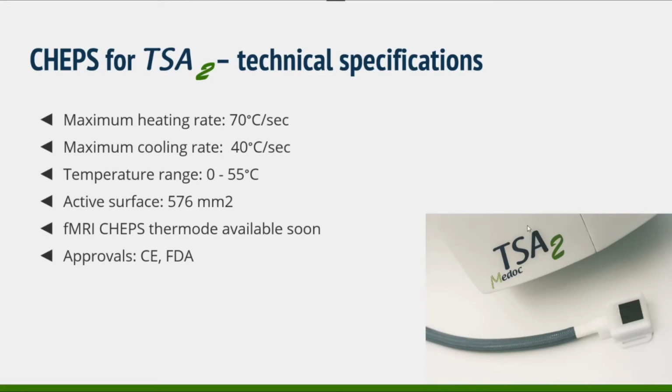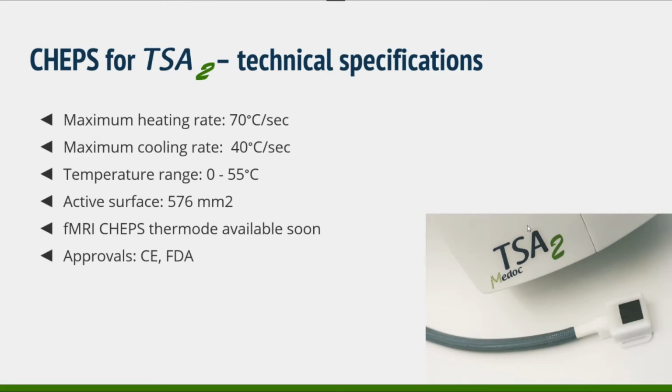Now you can work from 0 to 55, and it allows using these rates of 70 degrees per second up and 40 degrees per second down in the whole temperature range from 0 to 55, allowing rapid cold stimulation, which is new and exciting. So again, if you look at the thermode, the active surface is 24 by 24 millimeters.